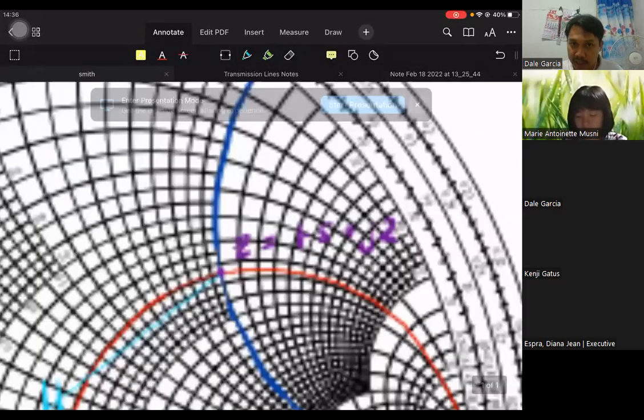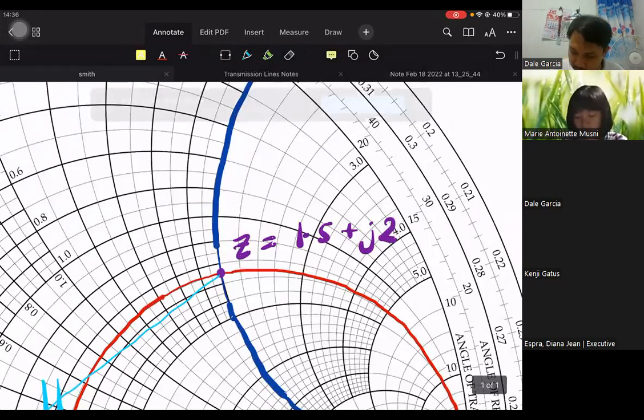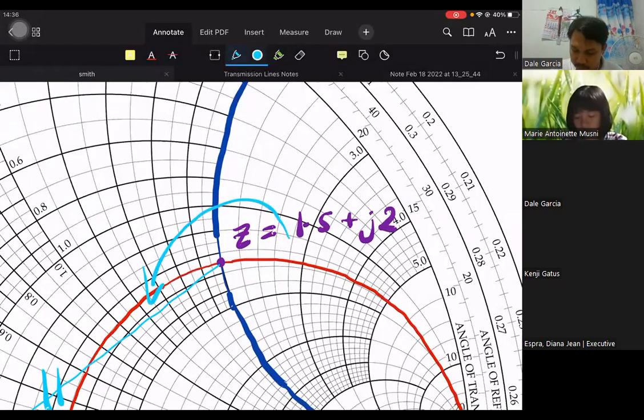So we locate 180 degrees on the other side, which is here, the same distance as before. So it's here.